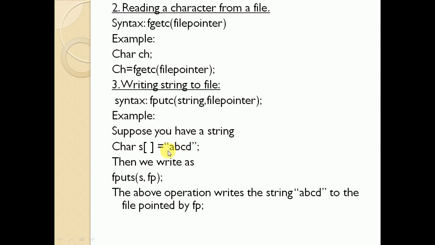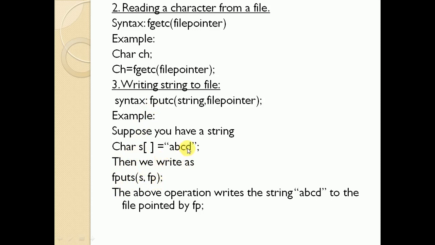Which string are we storing here? A, B, C, D. Now which string do we want to write into the file? A, B, C, D. Then we have to write it as the function name indicates. You have to use fputs, then write the string name, that is s, and then a comma and then the file pointer. So what does s contain?